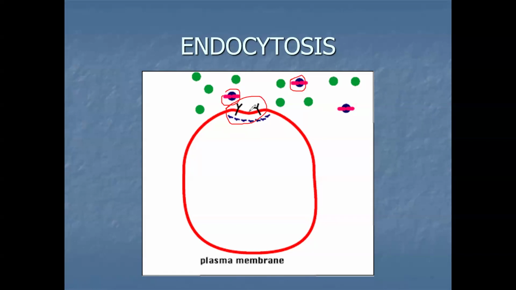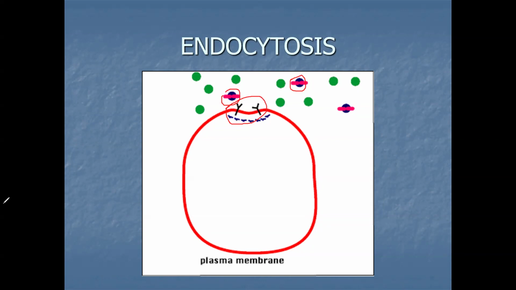Once they bind to it on the surface of the plasma membrane, the vesicle will detach itself from the cell membrane and get into the cell. So in endocytosis, it's a vesicle that accommodates the molecules and takes them into the cell. That is endocytosis.